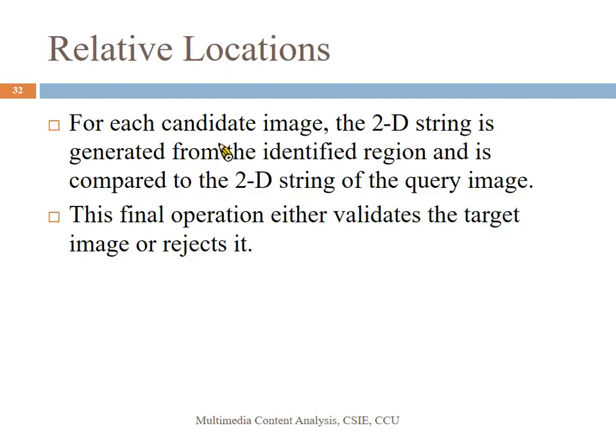Okay, so for each candidate image, the 2D string is generated from the identified regions and is compared to the 2D string of the query image. And the final operation either validates the target image or rejects it. So we check whether the target image fulfills the criteria we specify associated with the query image.